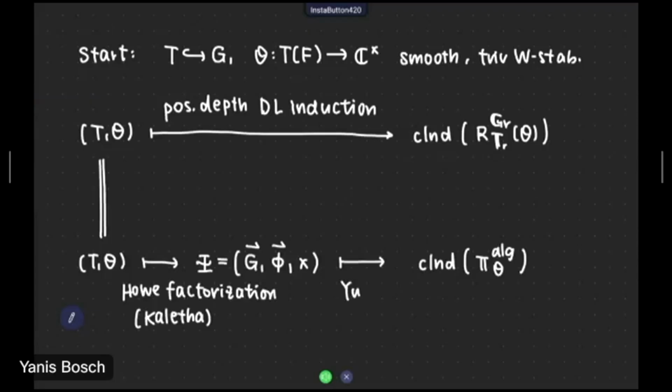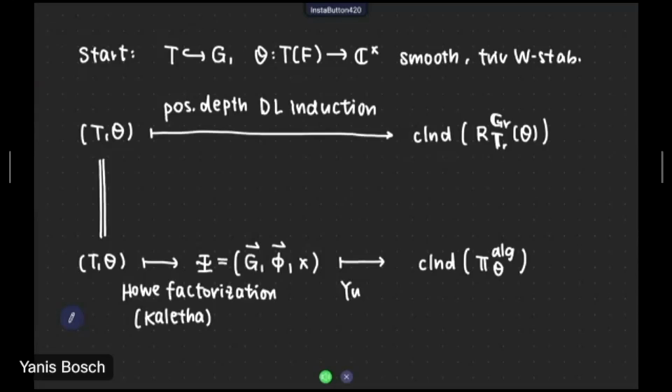And by work of Kaletha, published in 2019, so in the last 10 years, one can unwind this T comma theta and build this kind of datum that looks much worse. Okay, so this looks much worse than this, but that's okay.